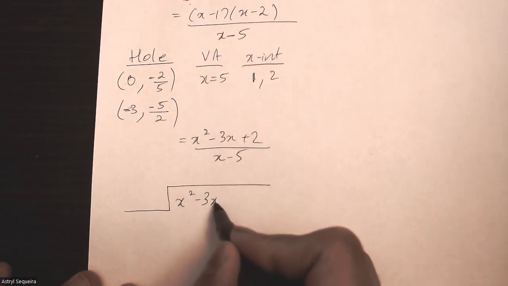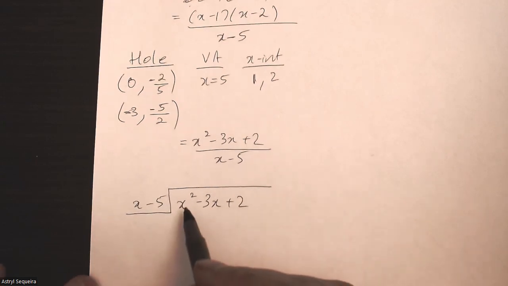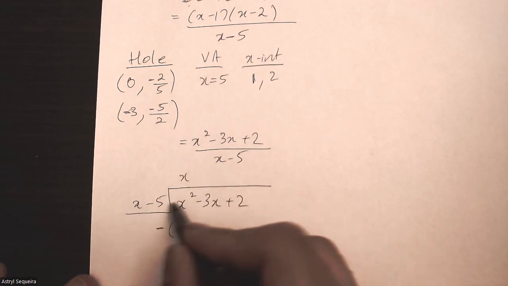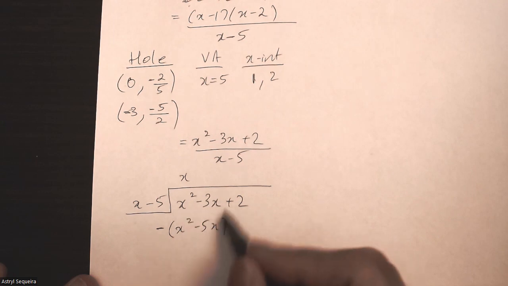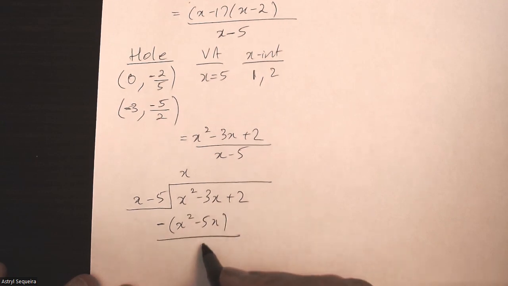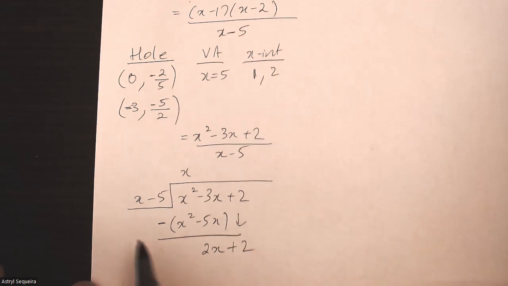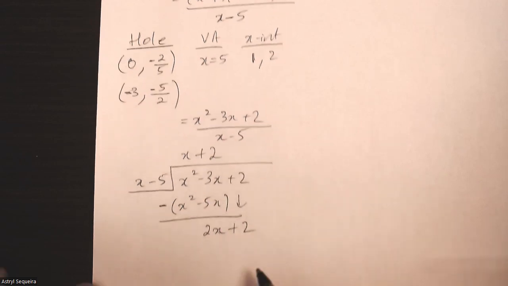x squared minus 3x plus 2 divided by x minus 5. So x squared divided by x is just x. x times x minus 5 is x squared minus 5x. If I subtract these two, I'll be left with positive 2x plus 2. 2x divided by x is just 2.